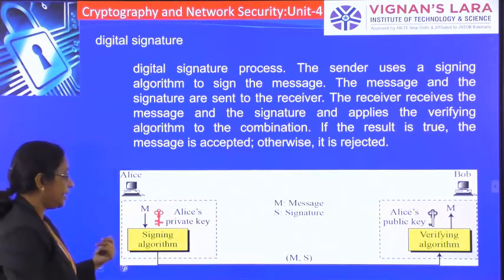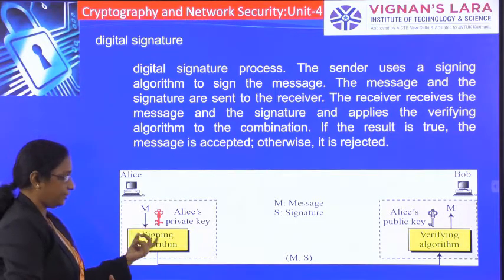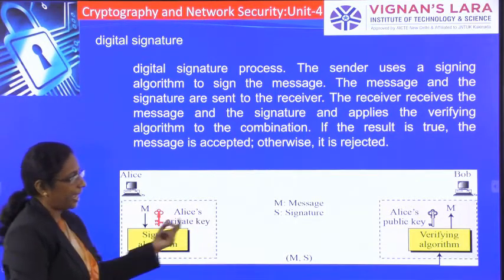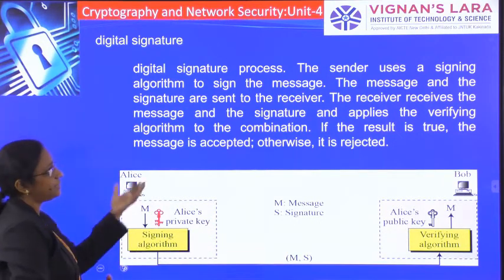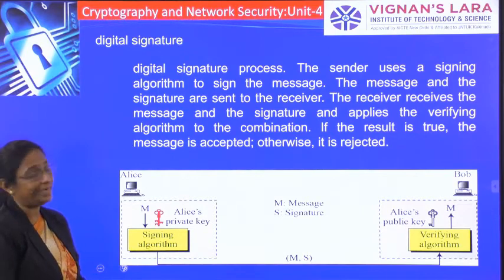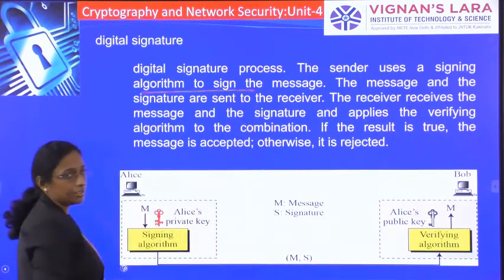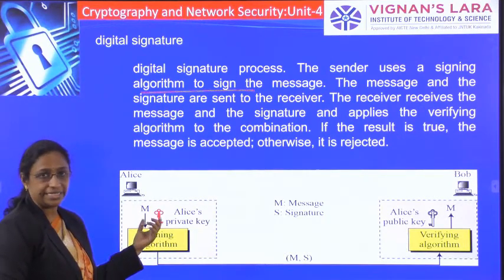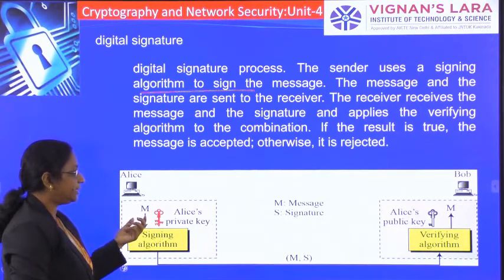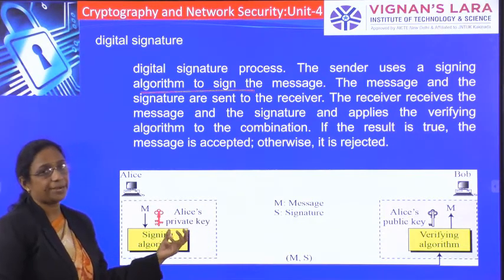In the digital signature process, you will have a signing algorithm and a verifying algorithm. The sender uses a signing algorithm to sign the message. For signing, the sender uses her private key.